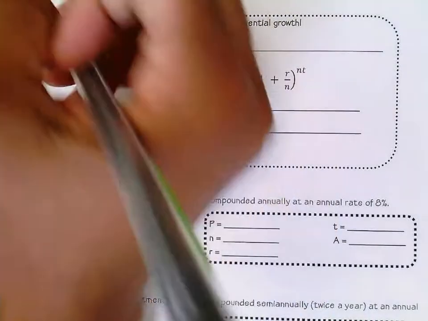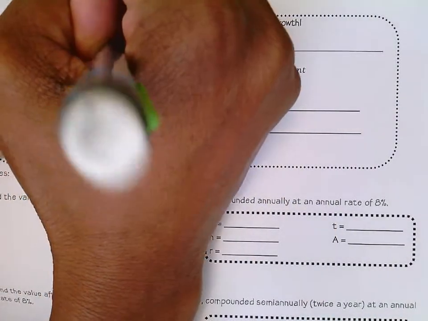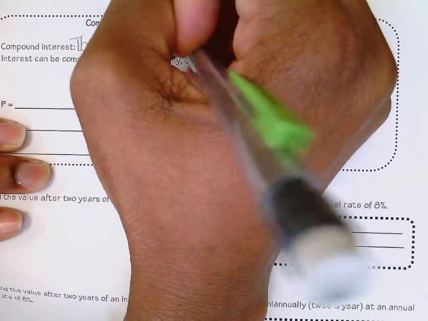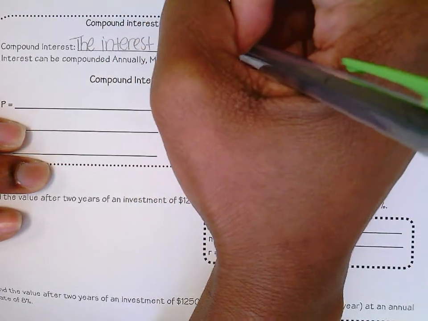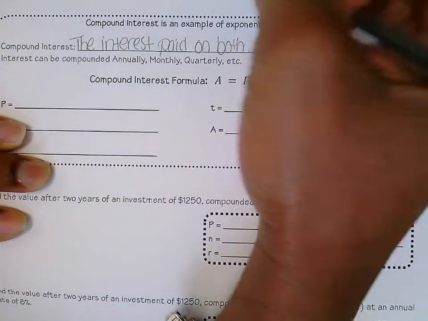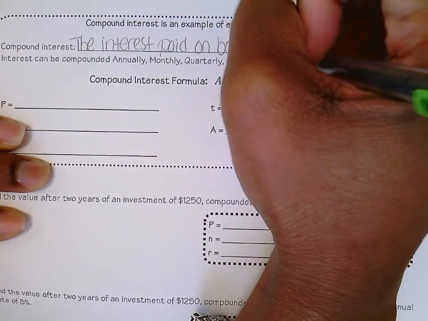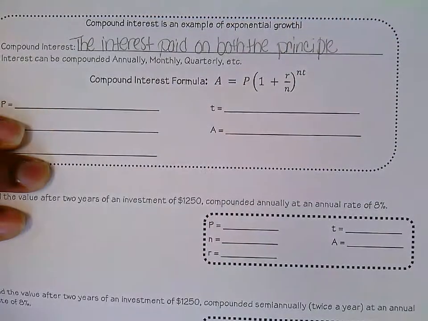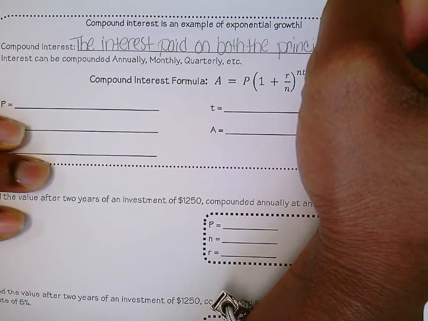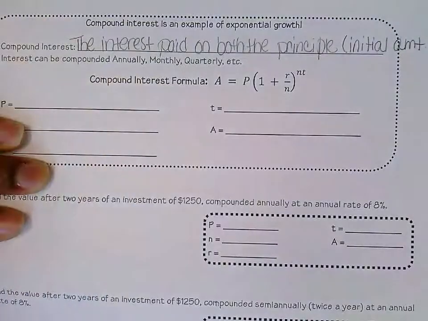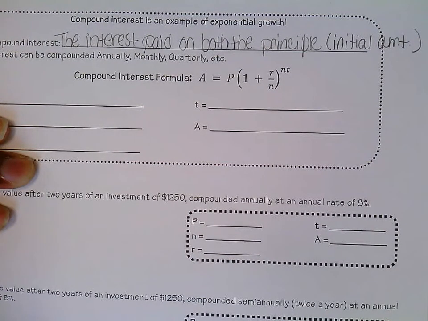The compound interest is the interest paid on both the principal, which is the initial amount, and the interest earned so far on the principal.